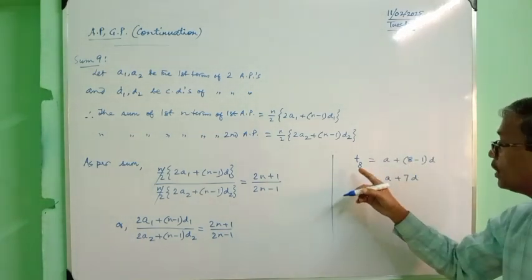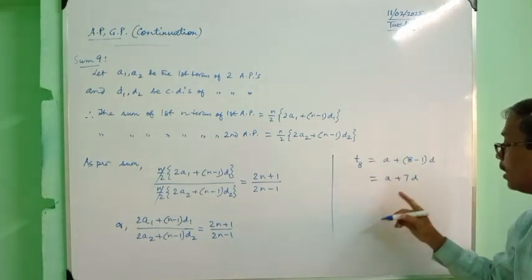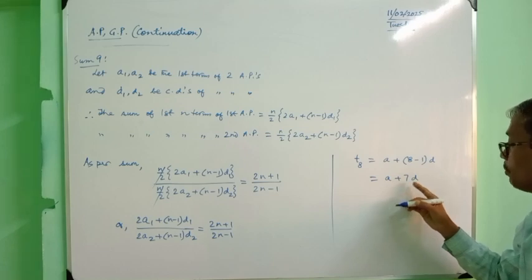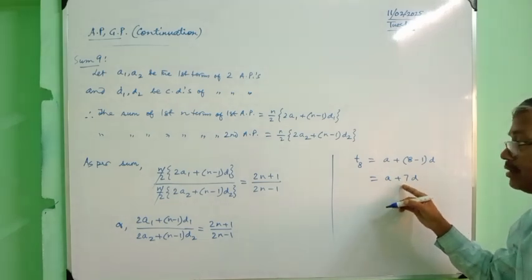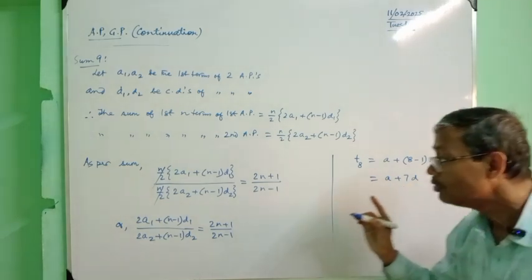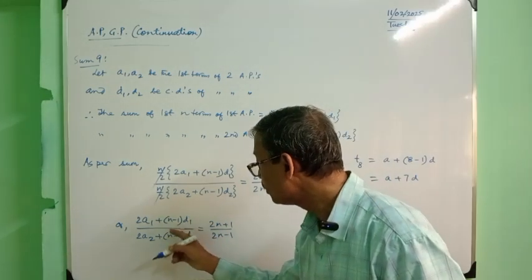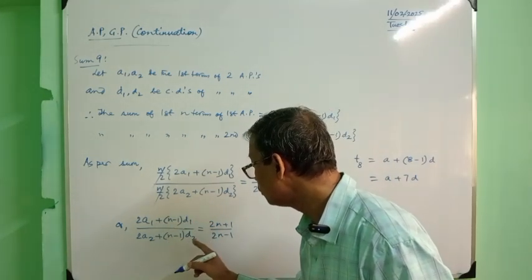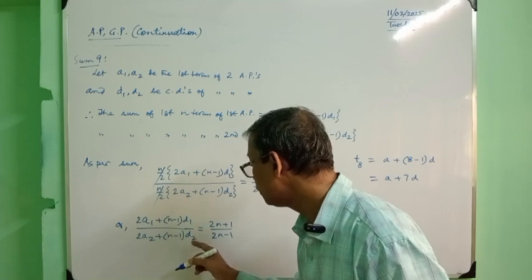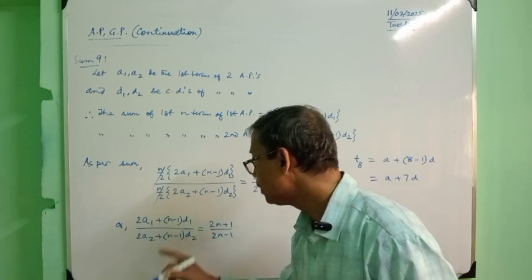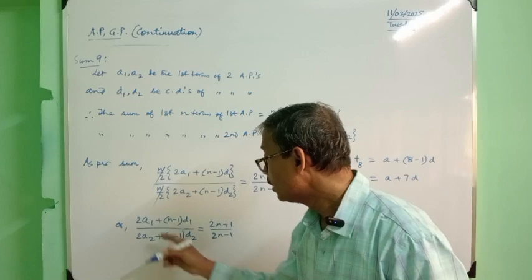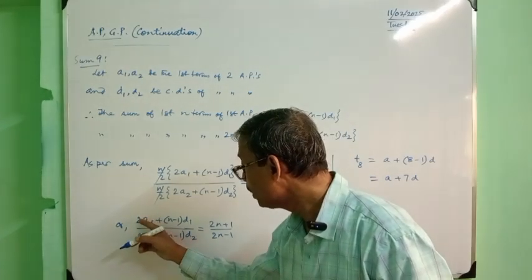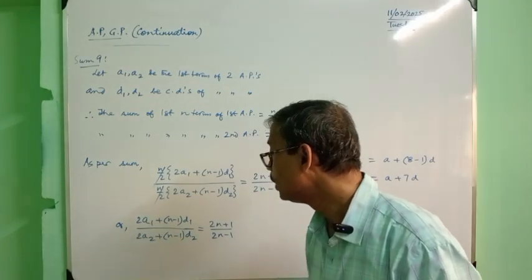To get the 8th term, the coefficient of D will be 7. Here the coefficient of D1 is n minus 1, and for D2 also n minus 1, the same, and the coefficient of A1 and A2 both are 2.